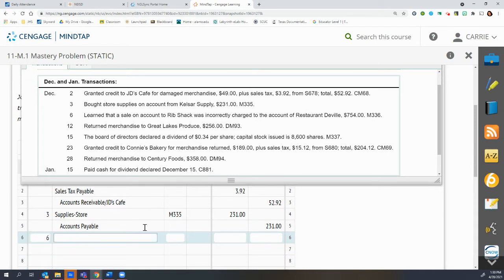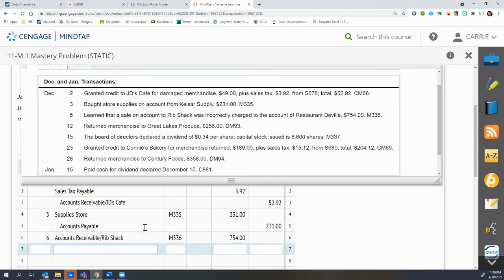So we would do accounts receivable for Rib Shack, probably a memo 336 for $754. And then we're just going to credit the account that we put it on that was wrong, accounts receivable for Restaurant DeVille for $754.